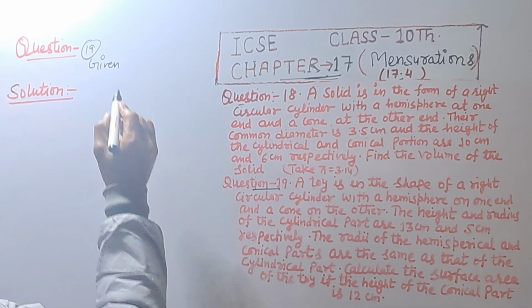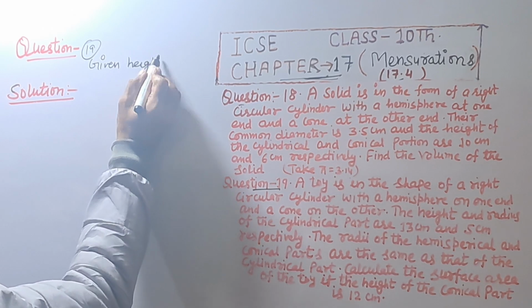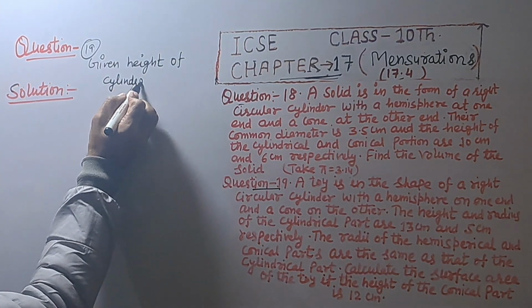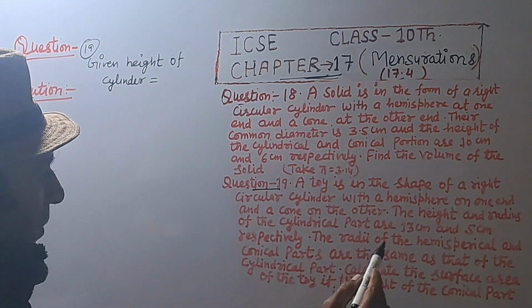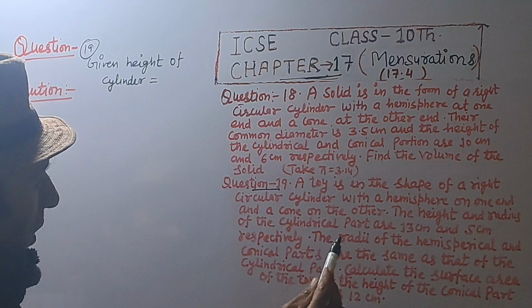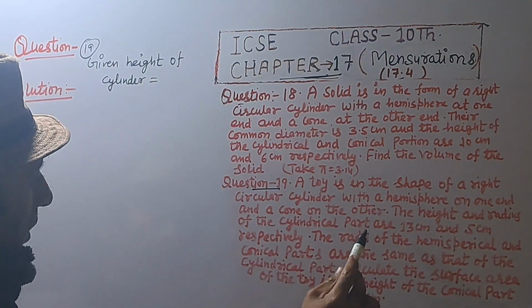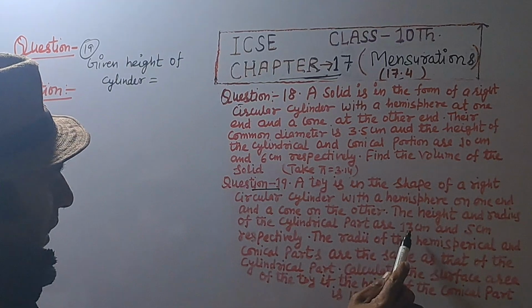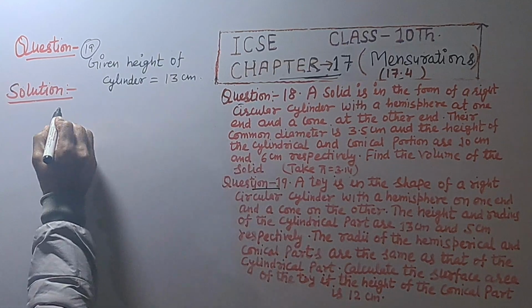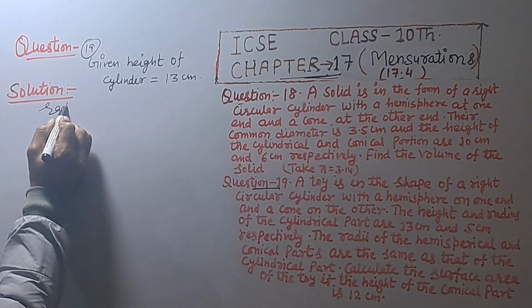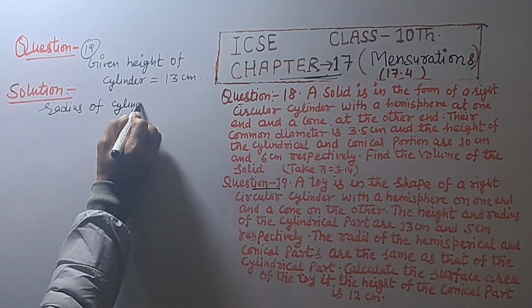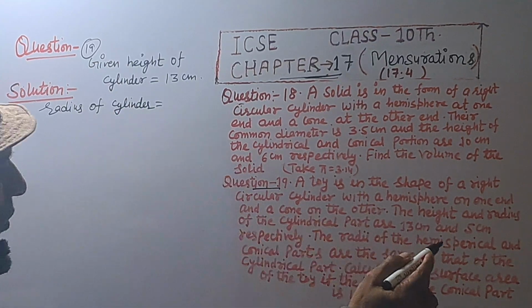Given height of cylinder is 13 centimeter and radius of cylinder is equal to 5 centimeter.